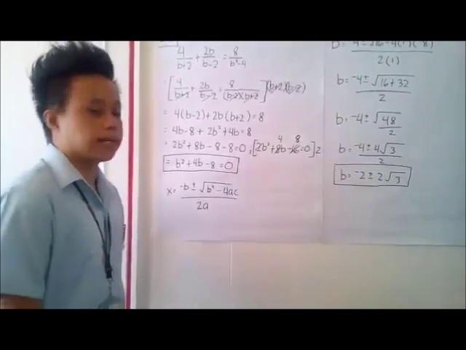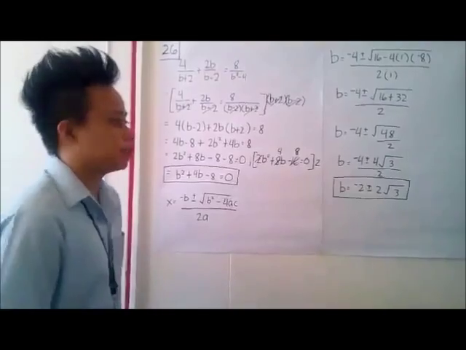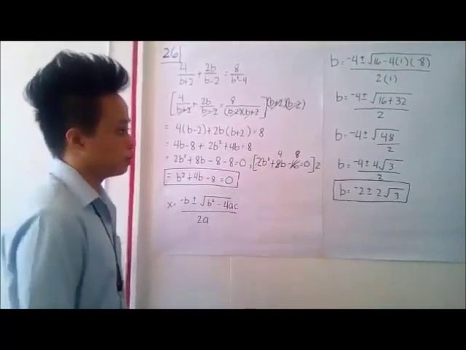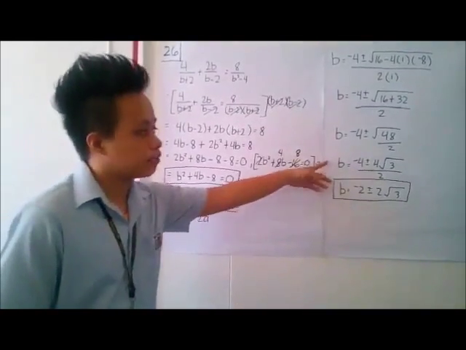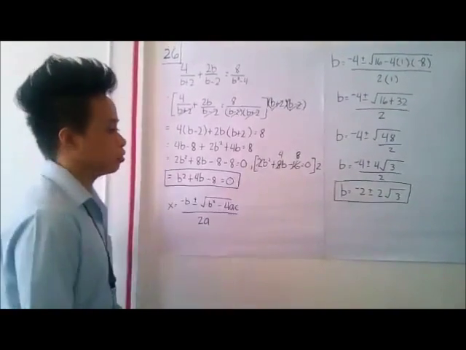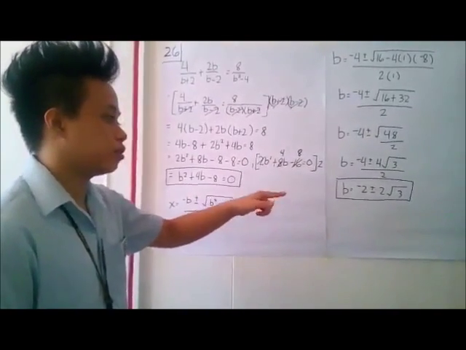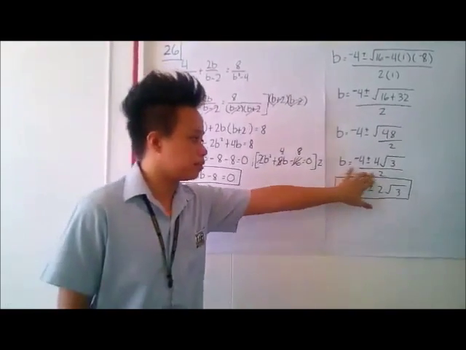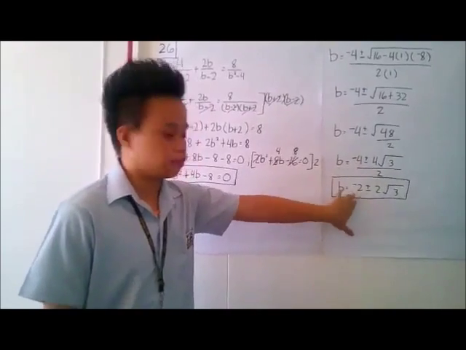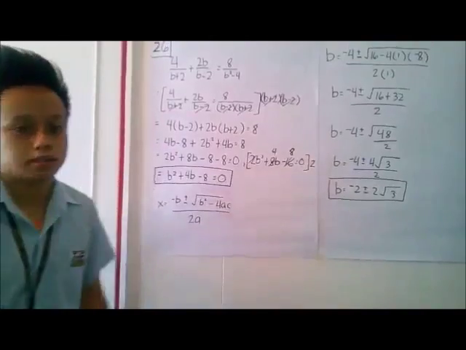So b is equal to -4, plus or minus square root of 16 plus 32 over 2. So b is equal to -4, plus or minus square root of 48 over 2. Then b is equal to -4, plus or minus 4 square root of 3 over 2. So divide it by 2. So -2, plus or minus 2 square root of 3 is the final answer.